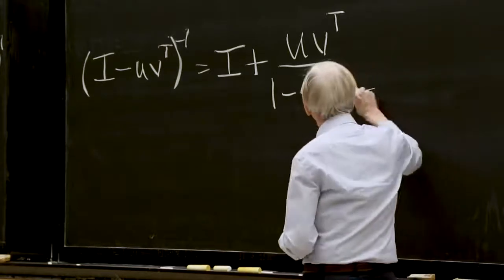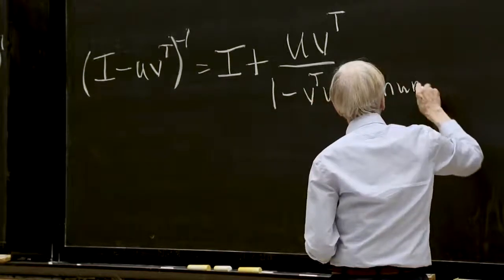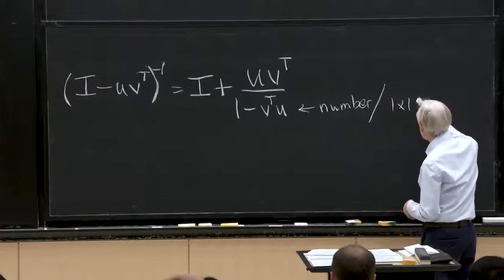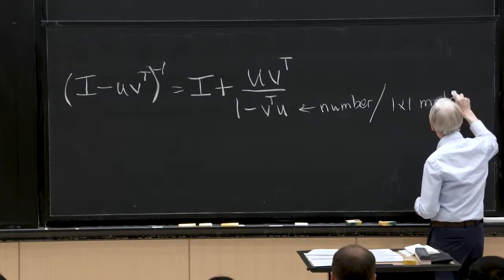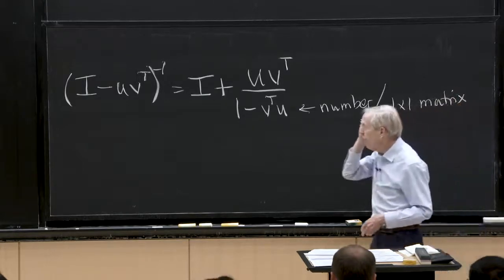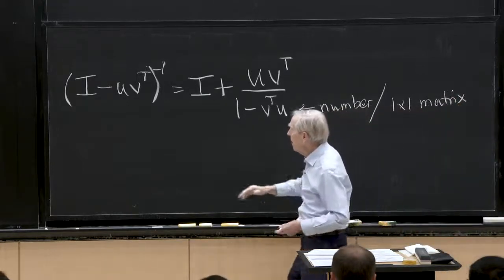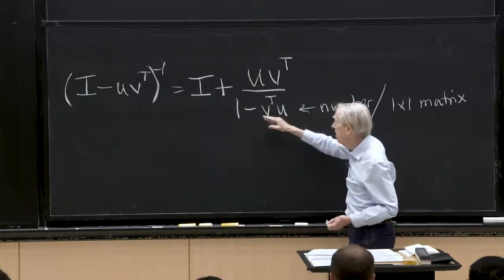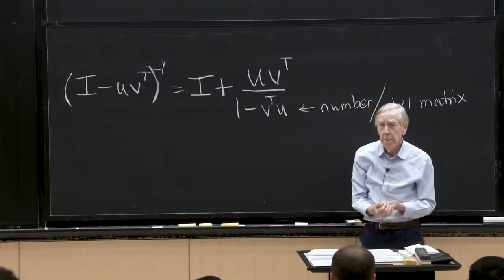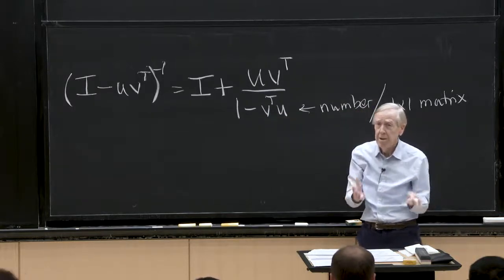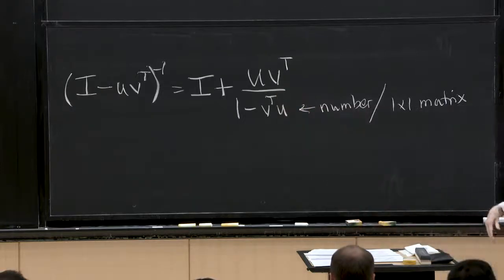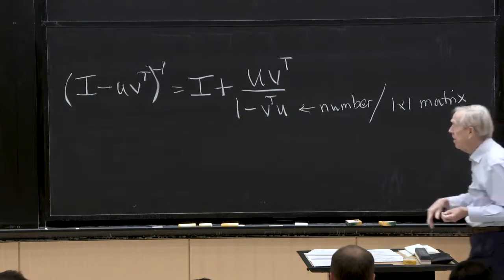This is a number. A 1-by-1 matrix, you could say. So the point of this formula is to find the inverse of an n-by-n matrix in terms of the inverse of a 1-by-1 matrix, which is a lot simpler and easier to do. I mean, that right-hand side is clearly easy. And let's see what other things it tells us.